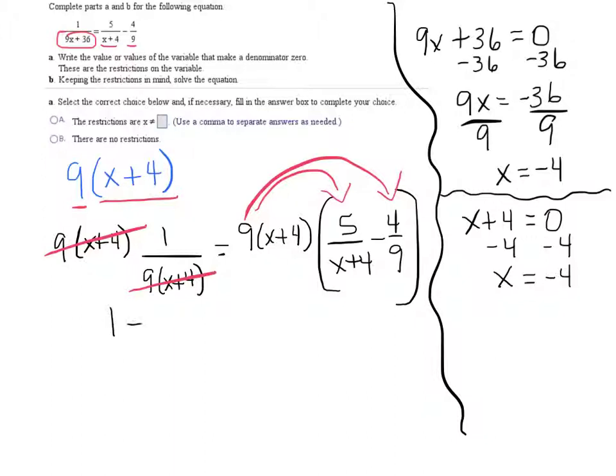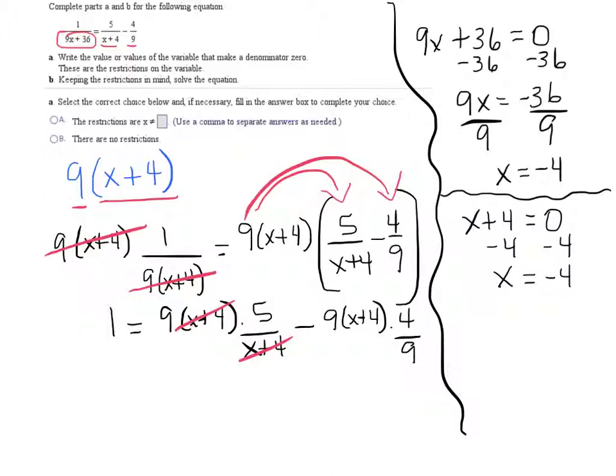So 1 is equal to, and then if I distribute that, 9 times x plus 4, and multiply it by the 5 over x plus 4, you can see that the x plus 4's cancel out. And then I have minus, and I'm going to go ahead and put the 9 times x plus 4 times 4 over 9.